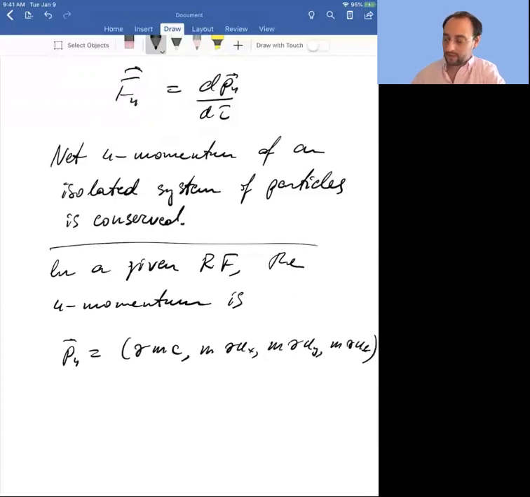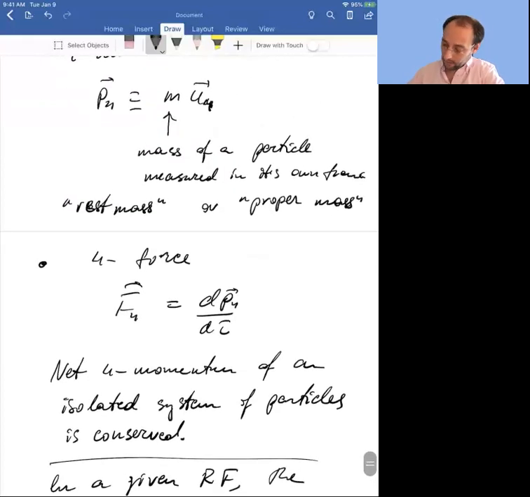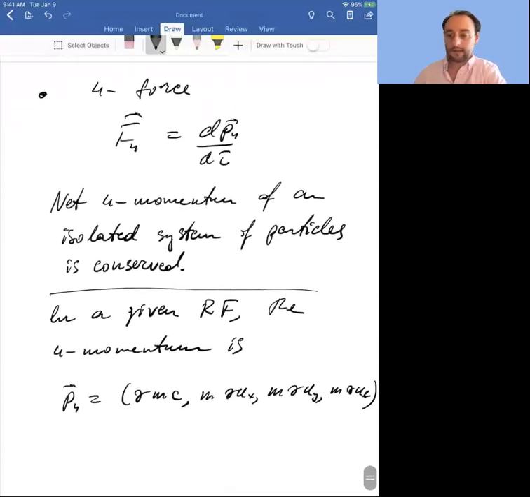The m comes from multiplying by m, and the rest comes from our definition of four-velocity. If you look above, if you plug everything in, then the four-momentum has these forms. Now we need to understand what the temporal and the spatial parts of the four-momentum mean.